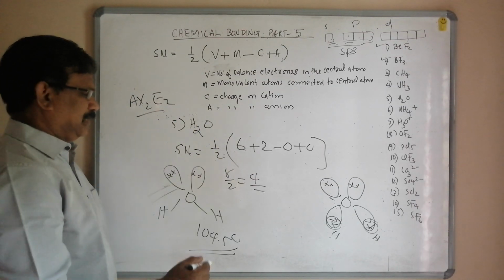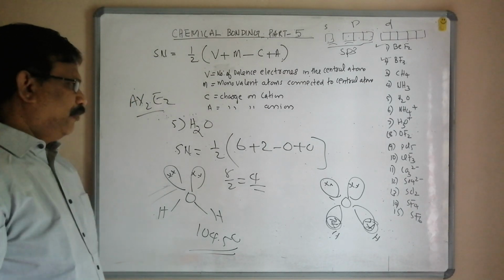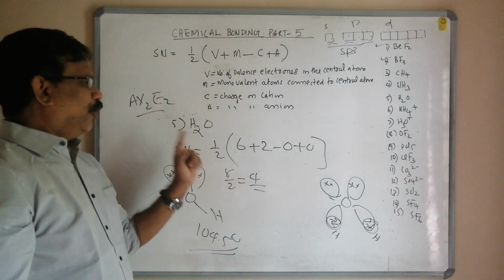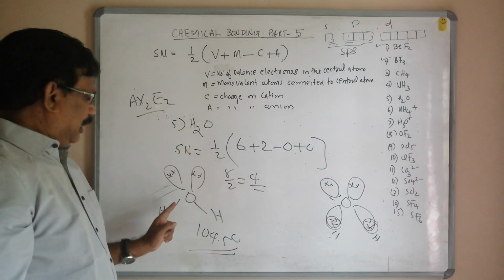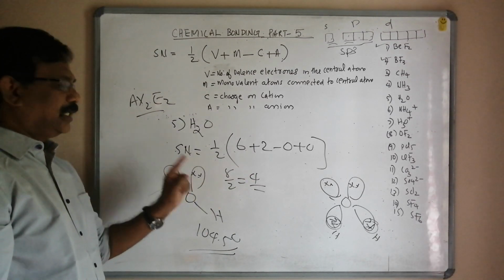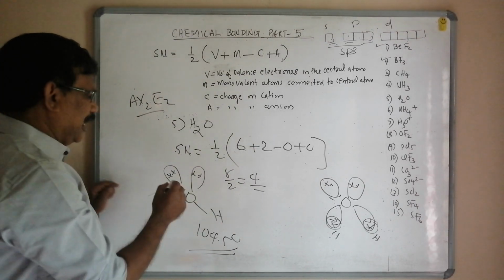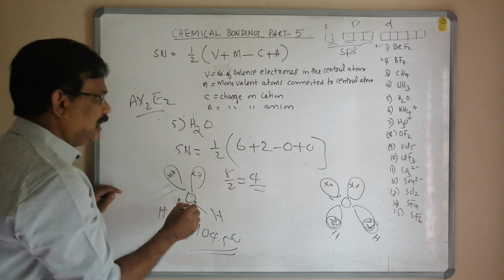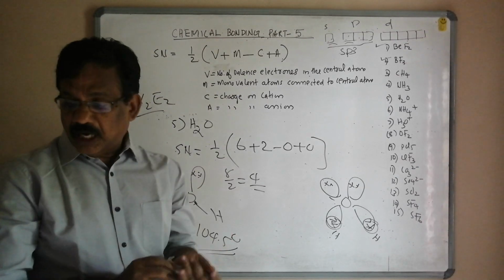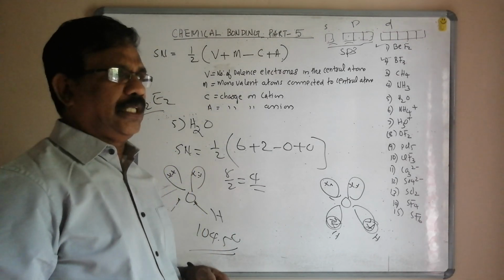4 orbitals means hybridization sp3. Out of 4 orbitals, 2 orbitals are used for making bond pairs, the OH bonds. The remaining 2 orbitals carry unshared pairs. The outermost shell of oxygen contains 6 electrons. This is about water: AX2E2 type, hybridization sp3.